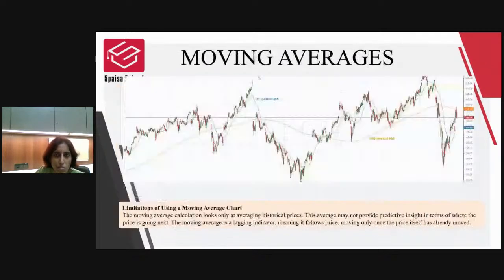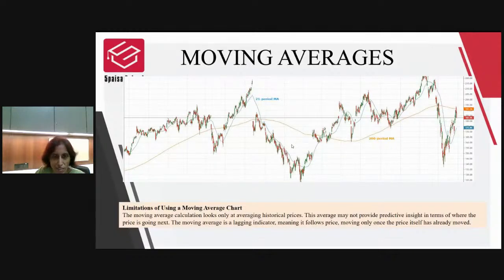Alright, so what are the limitations of moving averages? They are calculated on average historical prices, and this average may not provide predictive insight into where the price is going to move next.